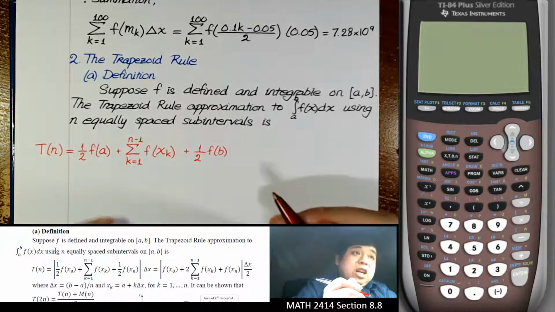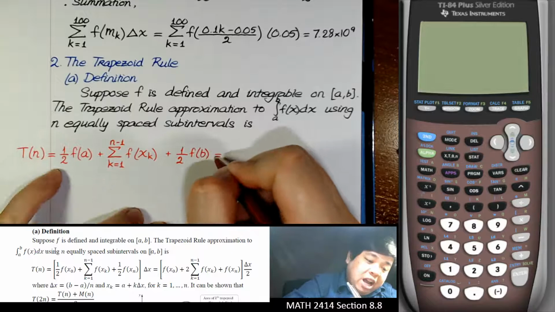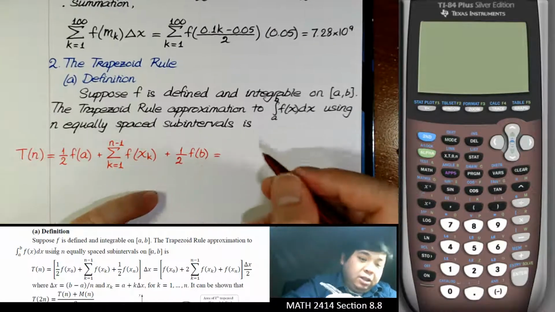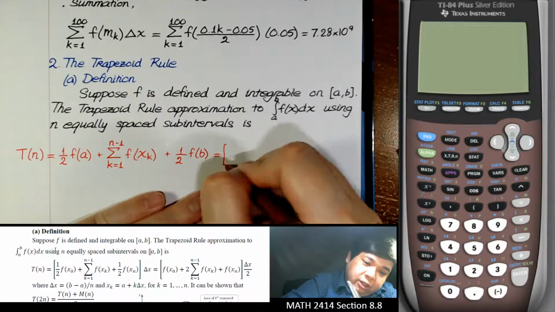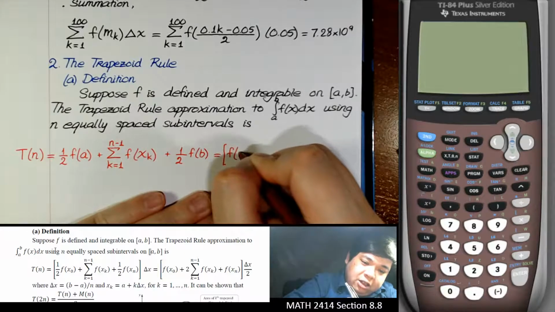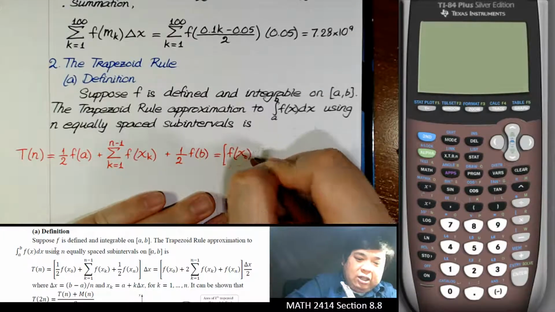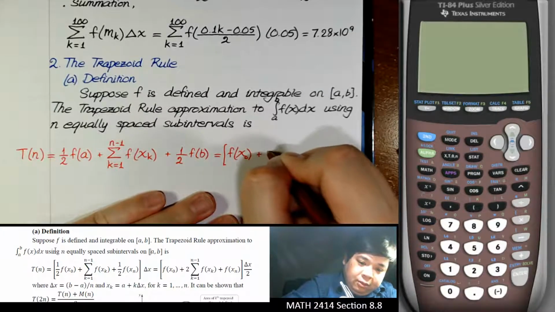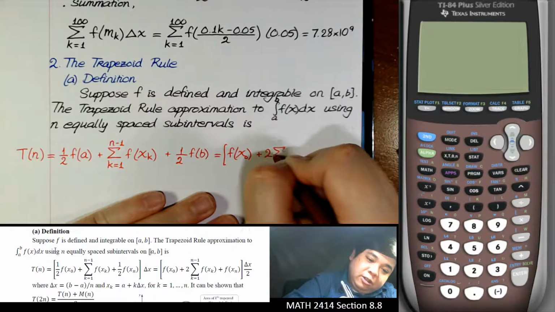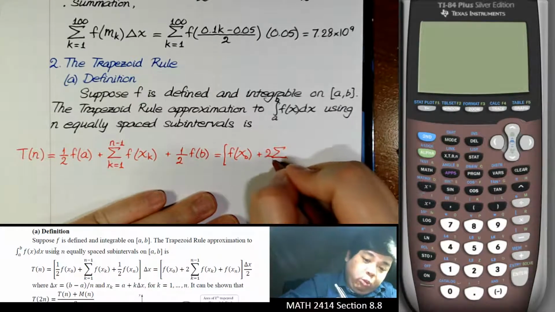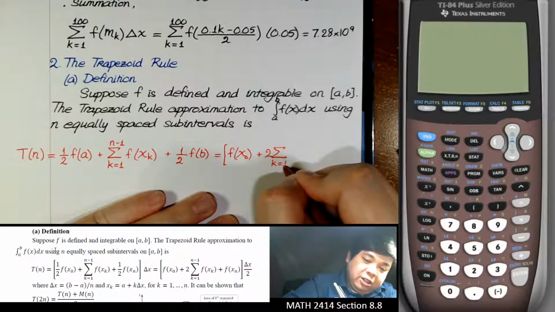Right? Either we use that or we factor out the 1/2 and we're using x naught, which is also a, 2 times the summation. Like I said, this one we will be able to prove.